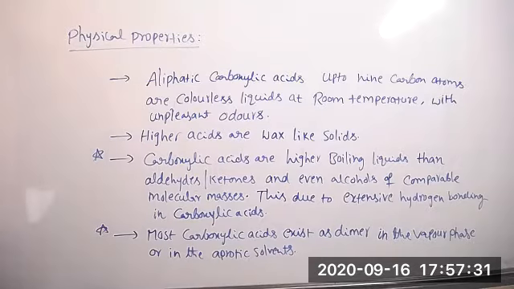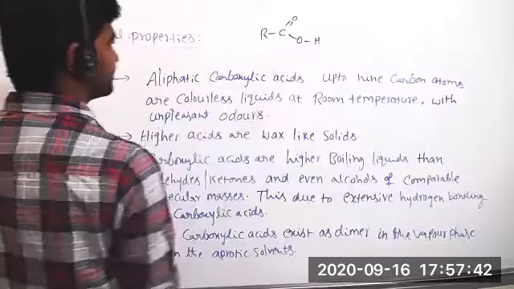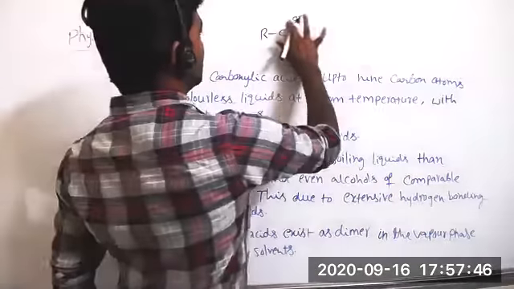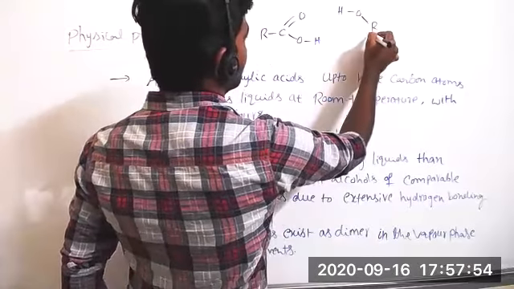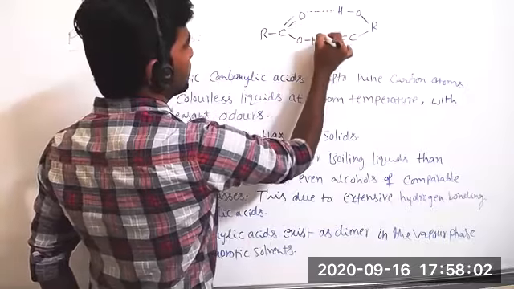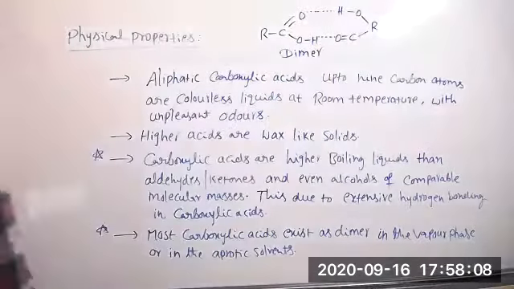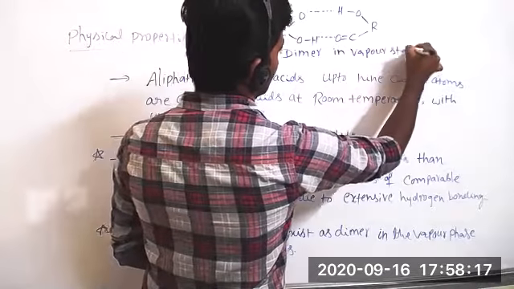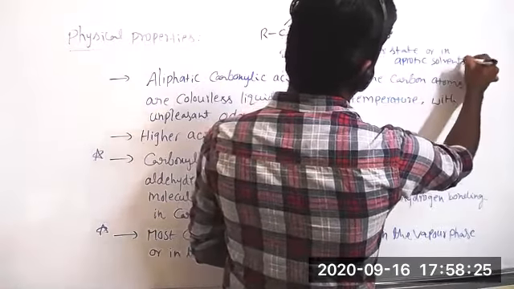So after writing this point, write a dimer of carboxylic acid. Dimer in aprotic solvents.